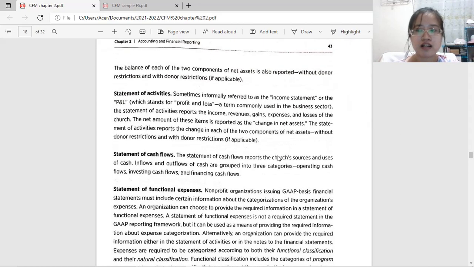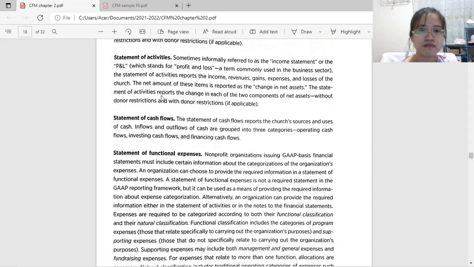Next, the statement of activities, also referred to as income statement, but for non-profit organizations, income statement doesn't sound right, so they call it statement of activities instead. You have your revenue minus expenses, then your net profit or excess of revenue over expenses.